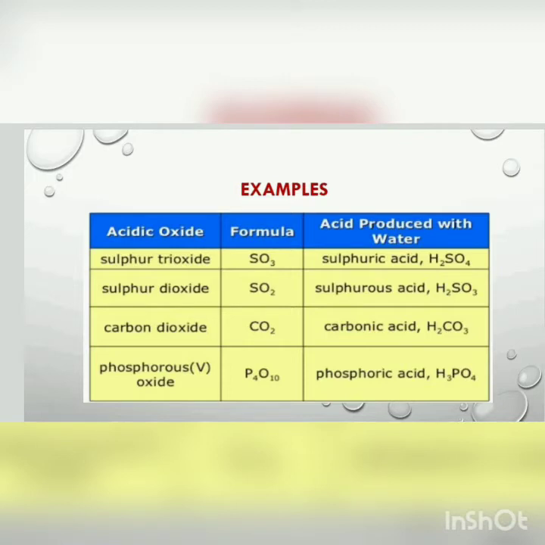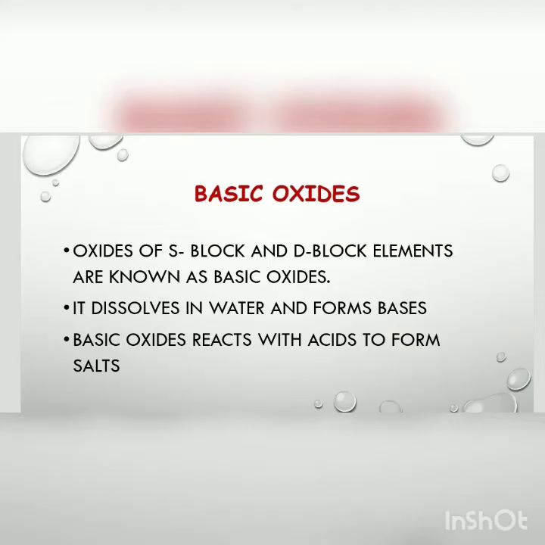So carbonic acid is less acidic than sulfuric acid, or sulfuric acid is more acidic than carbonic acid, right?